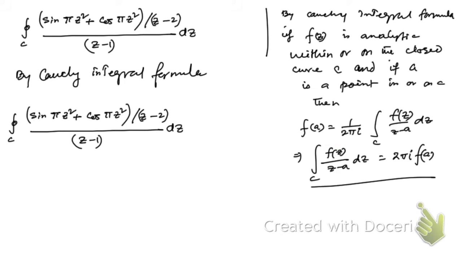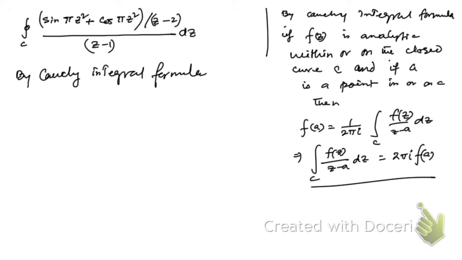Then it will be better if we write this way: integration along C of f(z) by (z − 1) dz is going to be equal to 2πi f(1), because instead of a we have here 1.